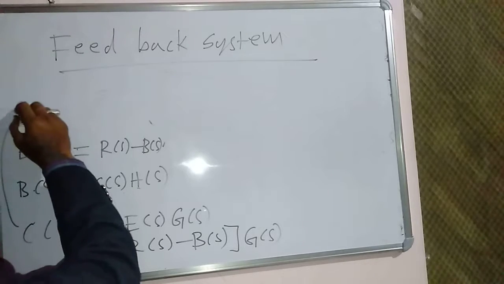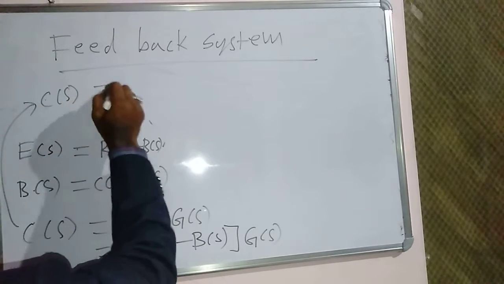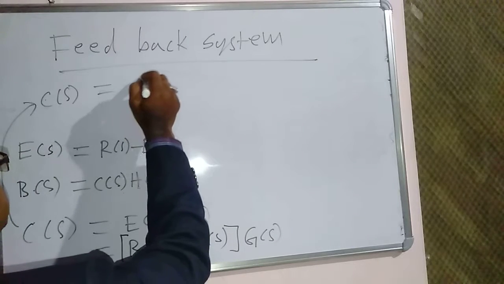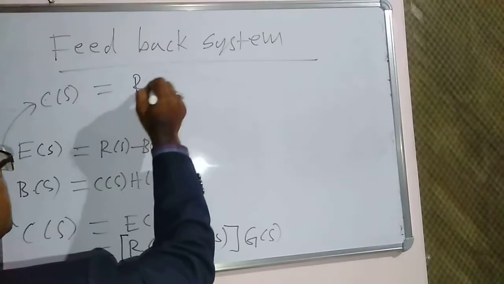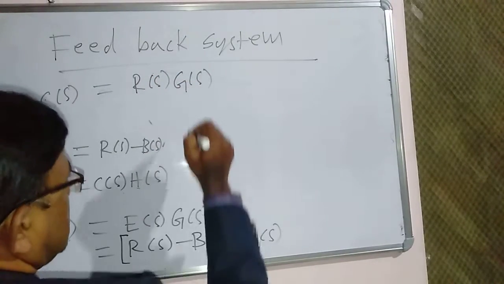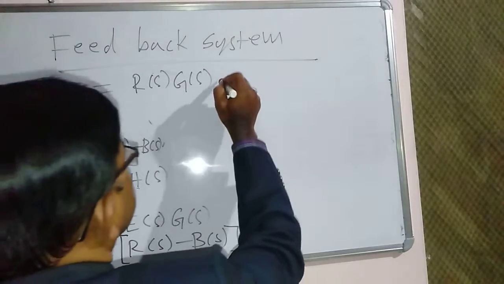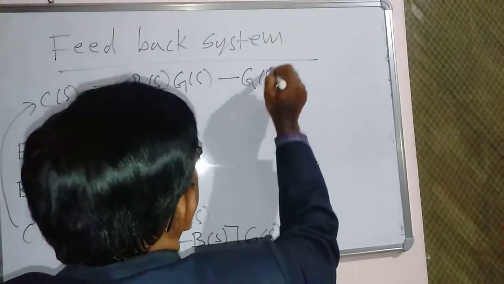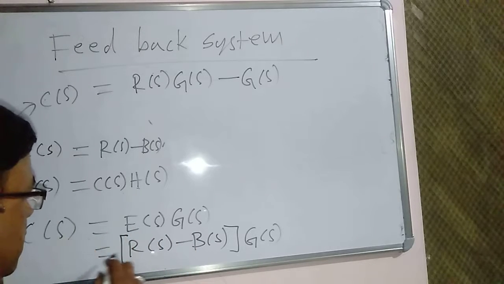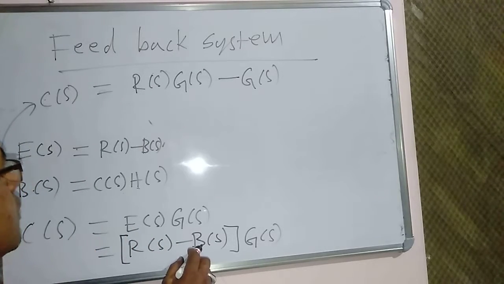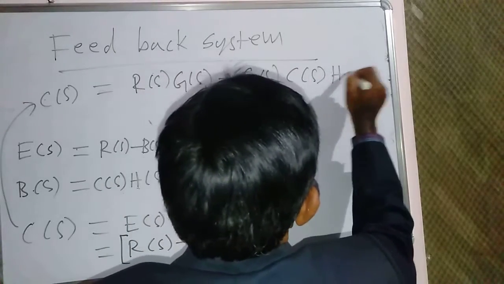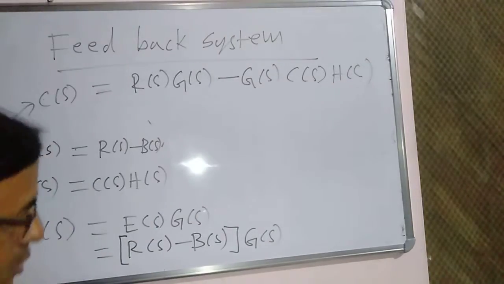So now C(S) is equal to R(S) into G(S) minus G(S) into C(S) H(S).